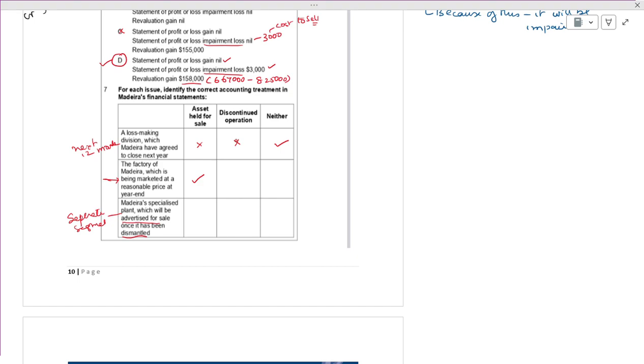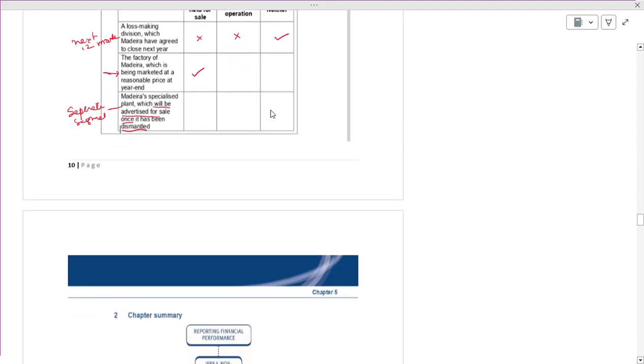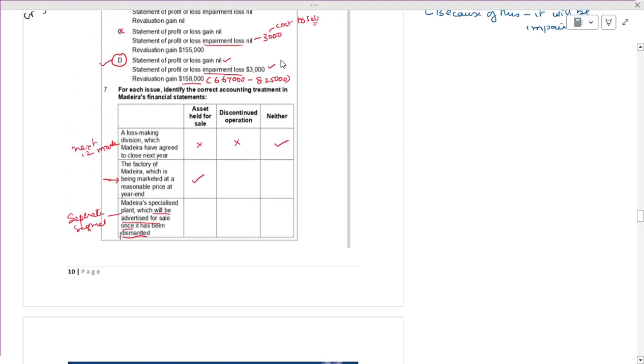Medela specialized plant which will be advertised for sale once it is dismantled. Decided or not decided? Decided or not decided? A little bit of English we have to work out. Okay, little bit of English.